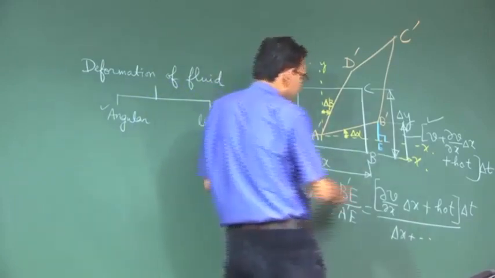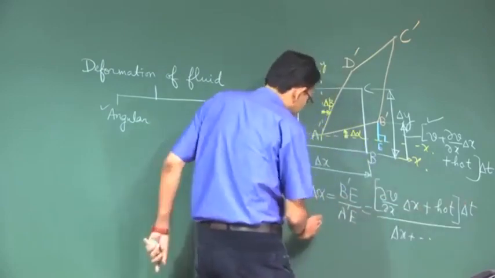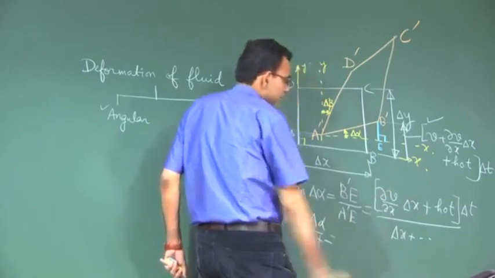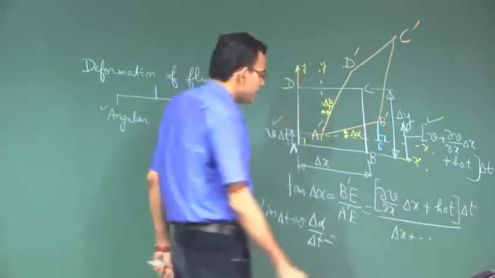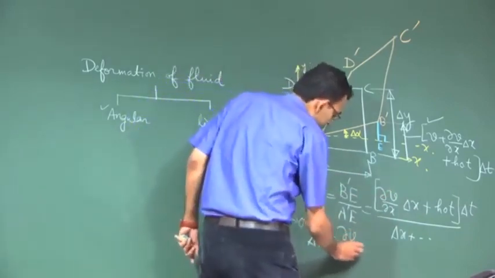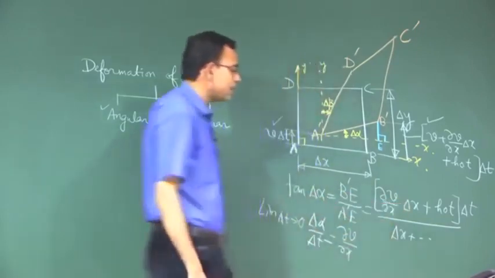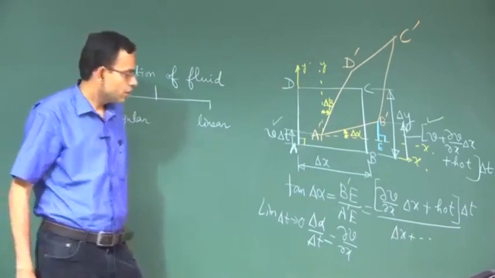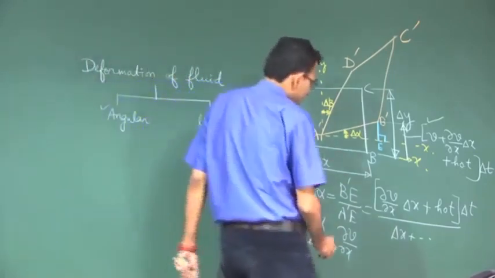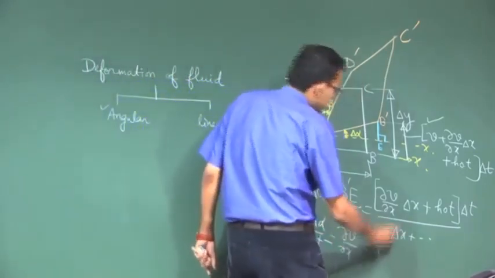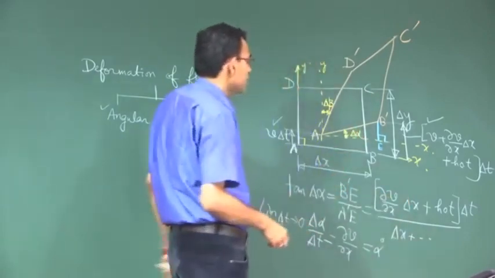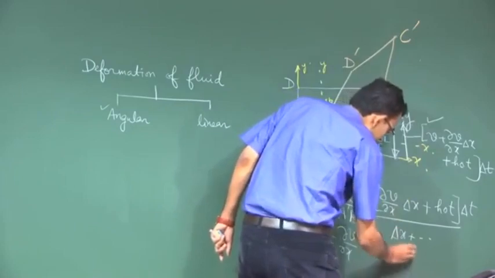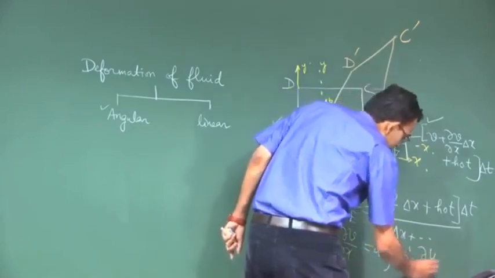If you divide that delta alpha by this delta t, all other higher order terms will tend to 0 if you take this limit. So, let us call this alpha dot, that is the rate of change of this angle. Similarly, it can be shown that beta dot, that is the rate of change of the angle beta, is del u del y.